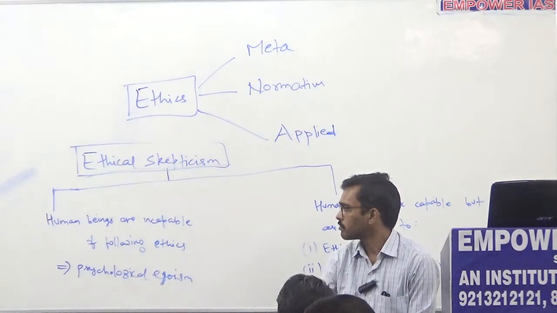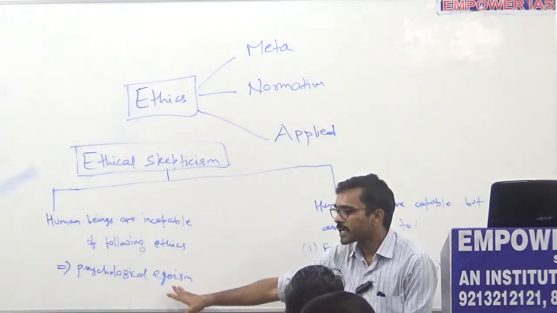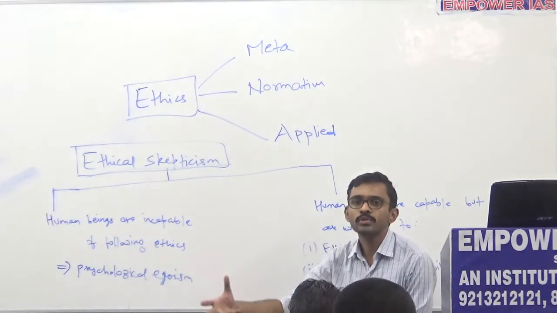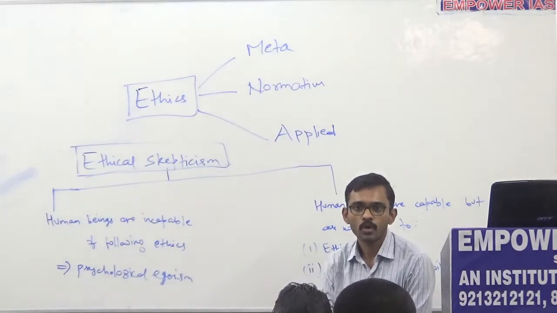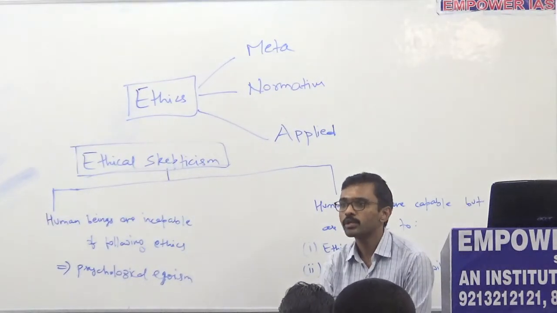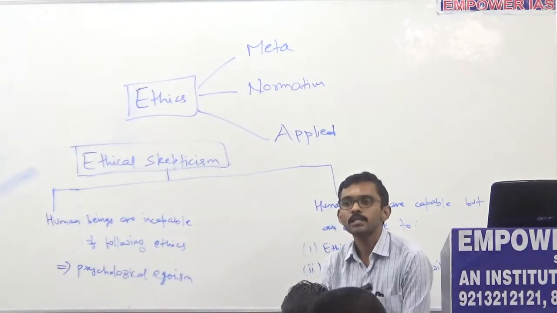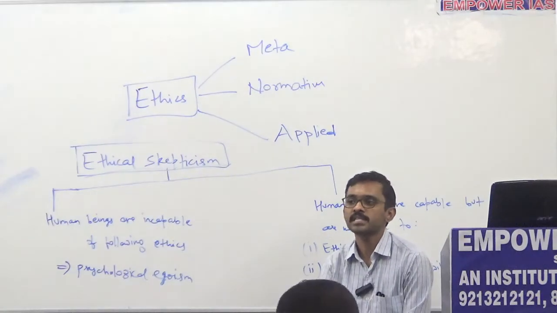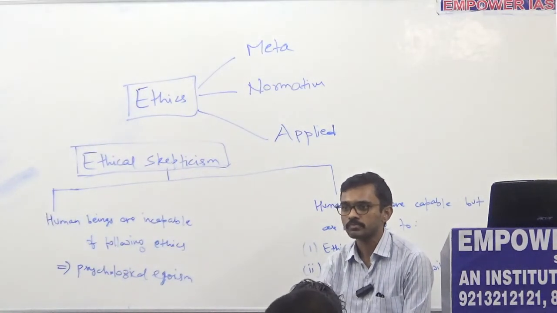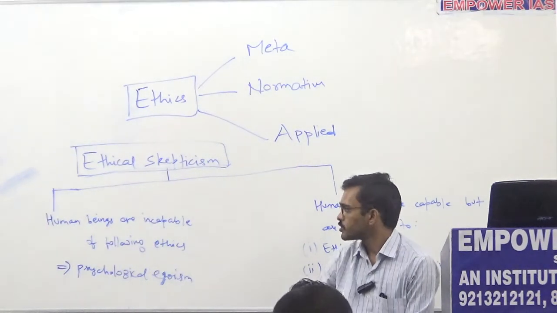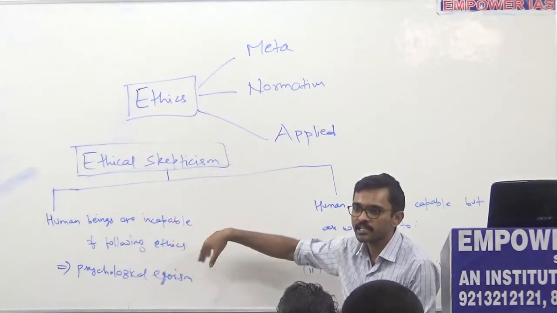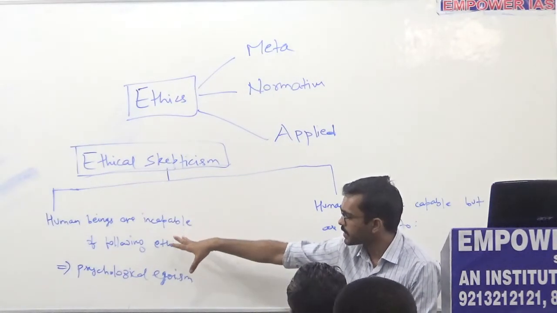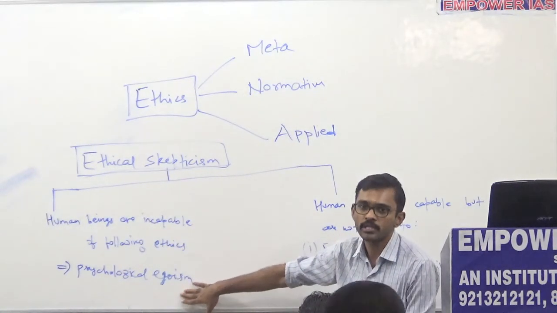So again, the proponents of psychological egoism believe that altruism is an illusion. Altruism, you understand? Doing good to others is an illusion. There is no such thing as a selfless act. So this is the first category of ethical skeptics who have based their philosophy on psychological egoism.